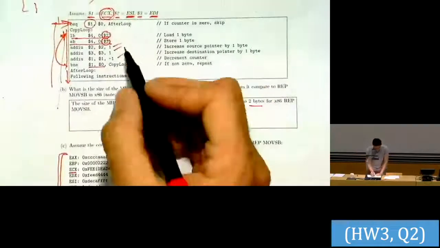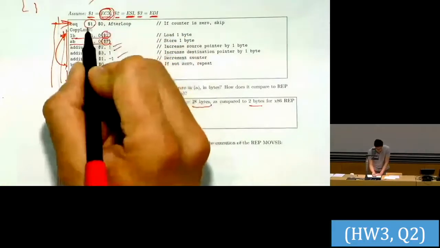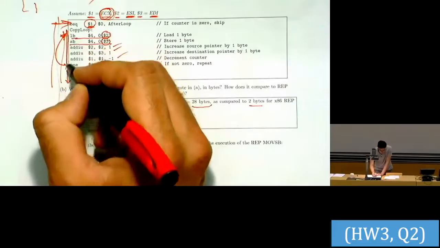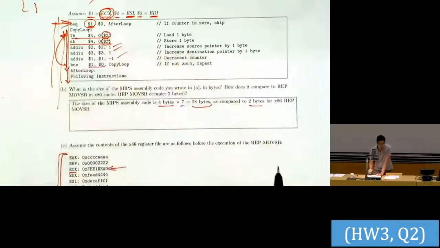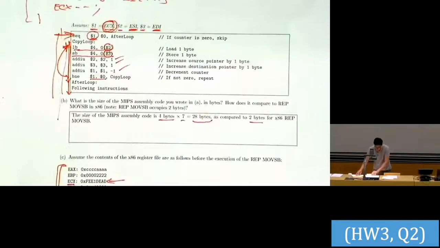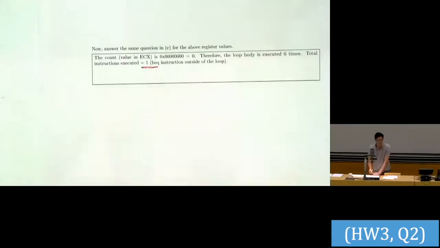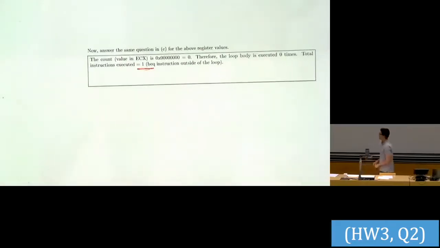If this ECX is 0, this register 1 is 0, so we don't execute the loop body a single time. So the total number of instructions executed in this case is only 1. It's only the first BEQ instruction that you have in the code. Is that clear? Okay.